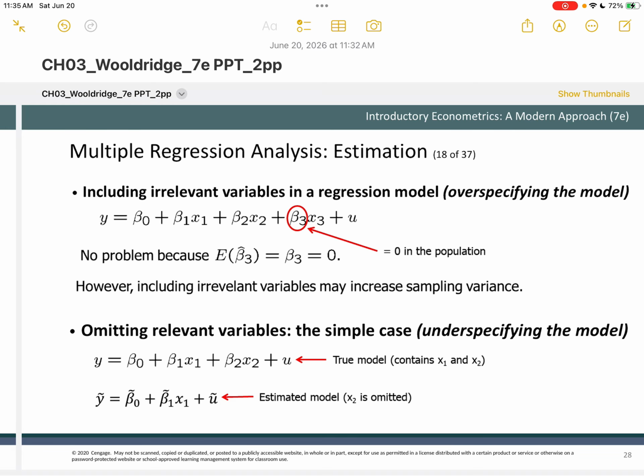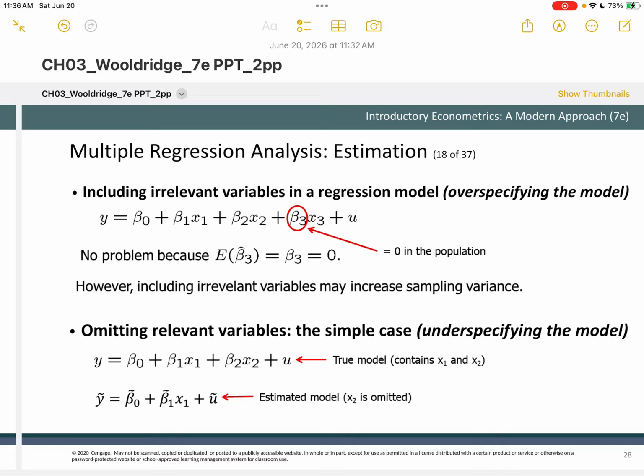What if we underspecify the model? What if we omit a relevant variable? If we omit an irrelevant variable, there is nothing wrong with that. But if we omit a relevant variable, all of our estimated betas will be biased. All of them, yes. But if we omit a relevant variable, we still end up with a smaller model.